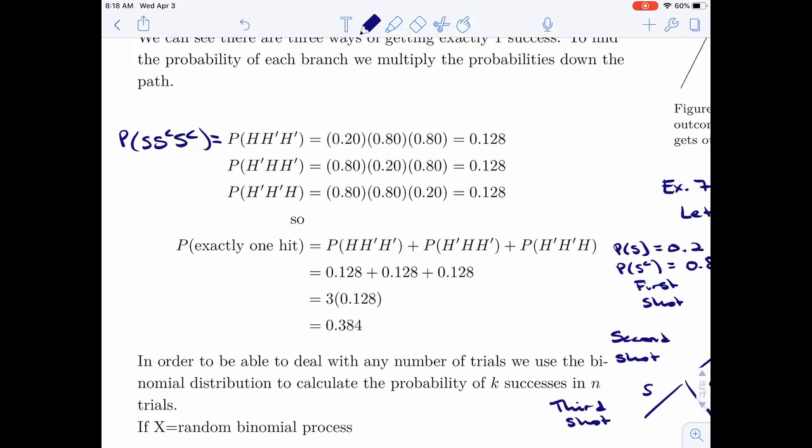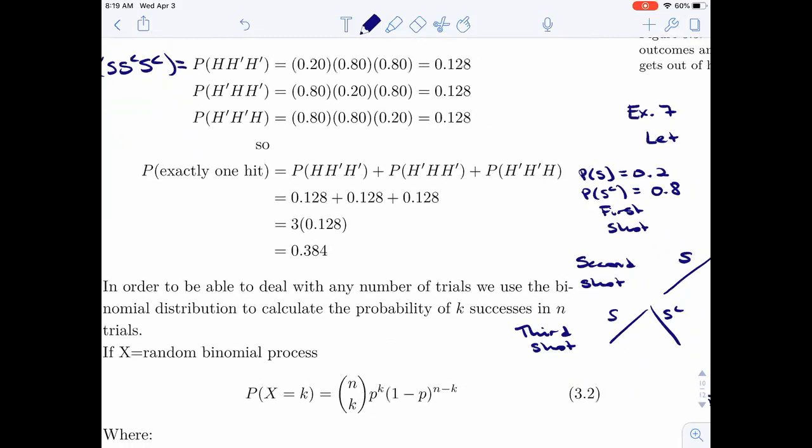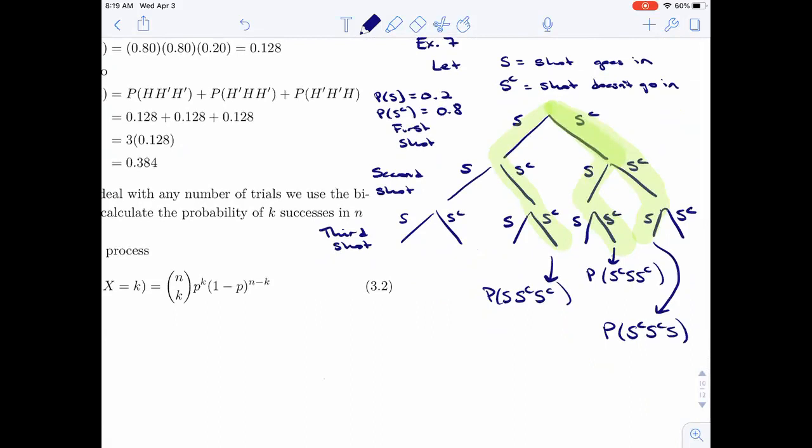If we look at all these combinations, because we've got just one success and two failures in each of these, it actually doesn't matter the order that we multiply them in, they're going to have the same probability, right? 0.128, 0.128, 0.128. So if we add these up, because when we're saying exactly one success, then it can be this branch, or this branch, or this branch, right?